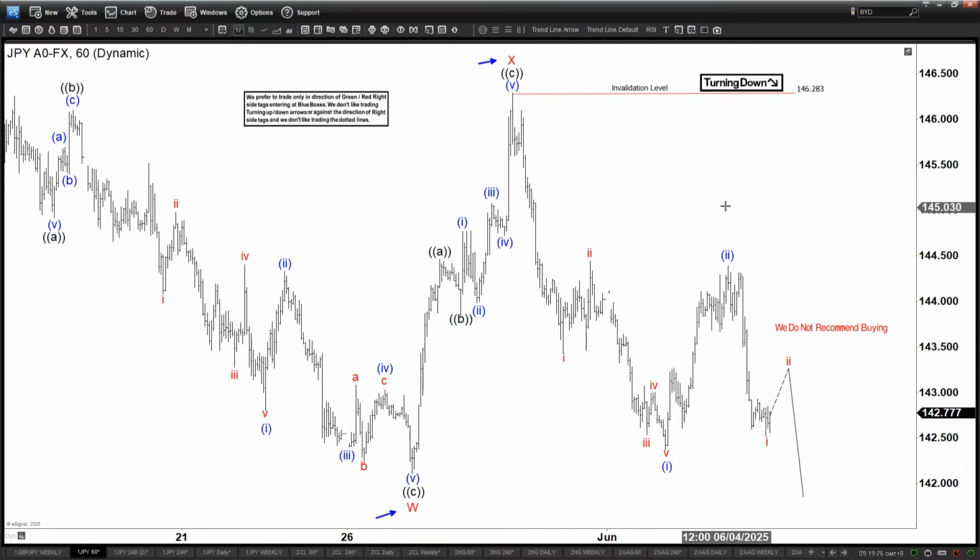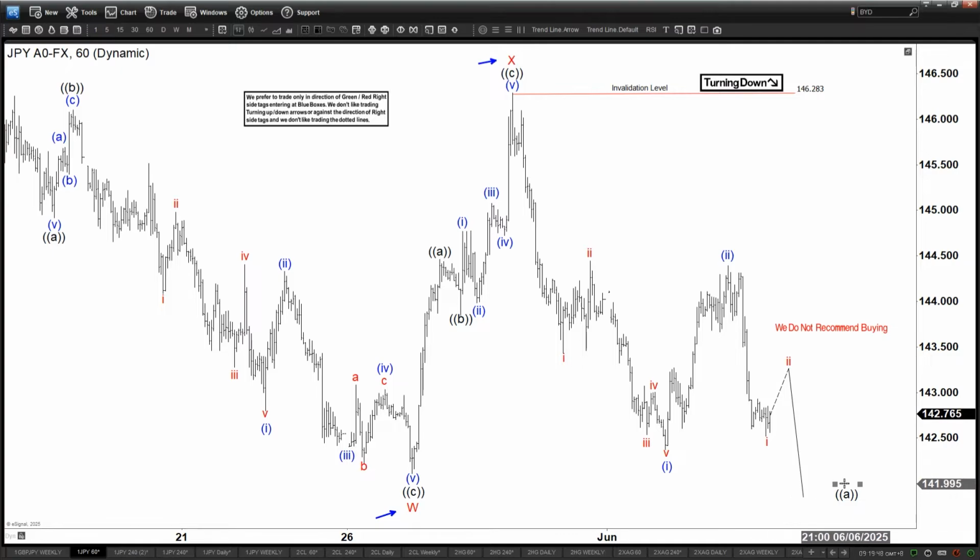Remember, the subdivision of the Y leg needs to be a 3 waves, and the A leg here is in the form of a 5 waves. So we have 1 of A, 2 of A. So now going down to finish 3, 4, 5, and that will be ending A leg of the Y. So we will continue to favor more downside.